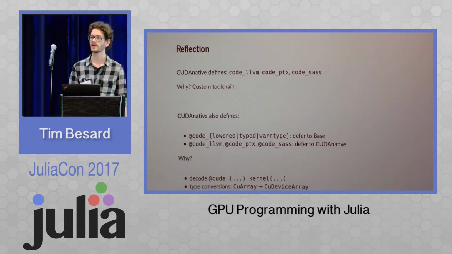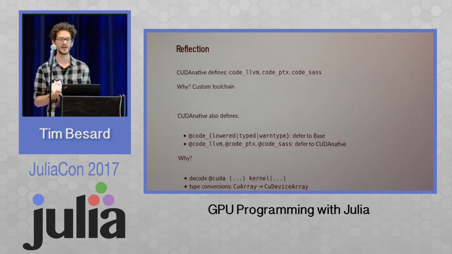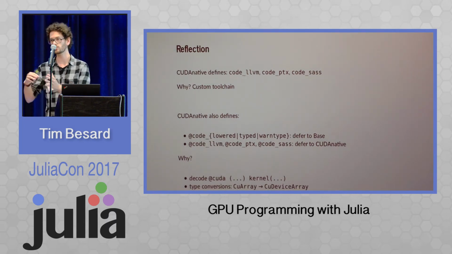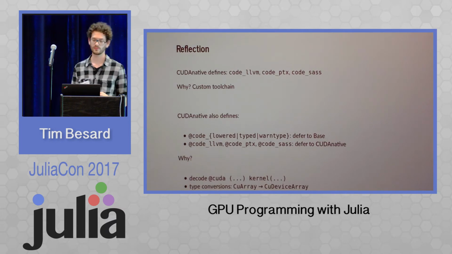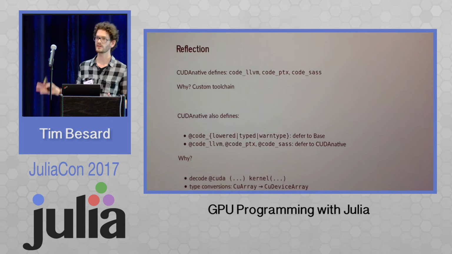Similarly, we're also defining custom macros, code_lowered, code_warntype, and all of the others, because it has to support the fact that you might have the @cuda and a tuple stuck in there, which has to be removed from that. And we also do some type conversions when launching a kernel. For example, if you're calling a kernel with a CuArray as an argument, it's going to be implicitly converted to a CuDeviceArray, which offers similar functionality but for the device side code.